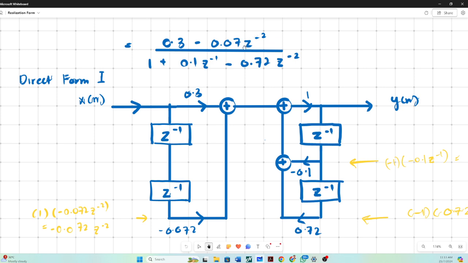When we have delay minus 2, we need two delay elements. The first box represents one delay and the second box represents another delay. So to make a delay of 2, we need 2 boxes.